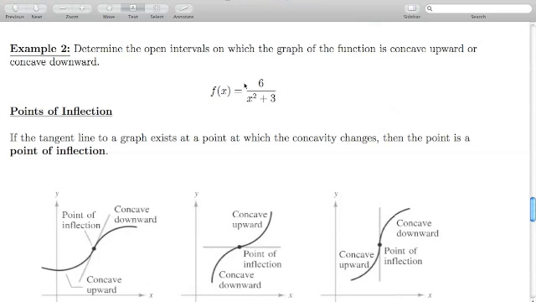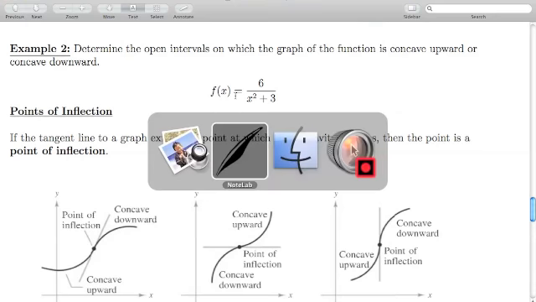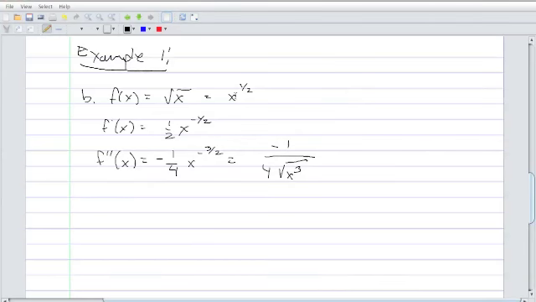So we're given this function and we want to find the intervals in which the graph is concave up or concave down. So what we're going to do is work it the same way that we did when we were discussing increasing and decreasing functions.